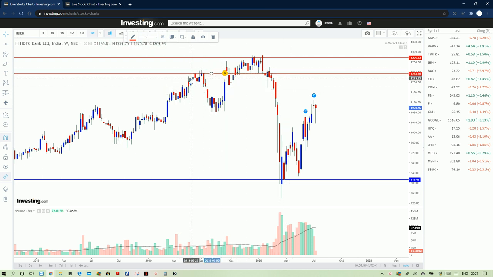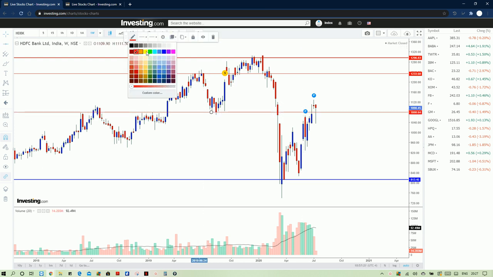So this point is a resistance point from where the stock reversed and moved to a particular point. So this green closing, that point is acting as a strong resistance, and the support point for this particular trend is here. So we have changed this color to blue.